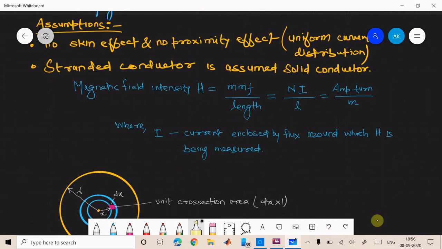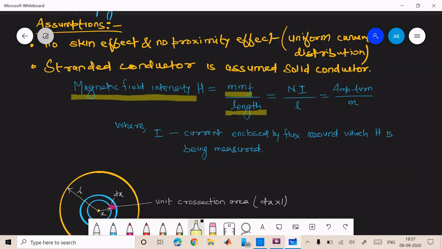This magnetic field intensity, we all know H is given as mmf by length, where this length is your amperian length, and mmf is your ampere turn. You know all this: ampere turn is N I, N is your number of turns, I is the current, L is your amperian length.